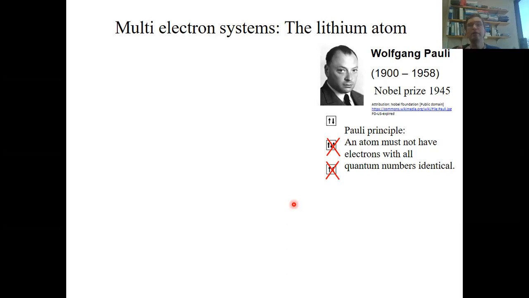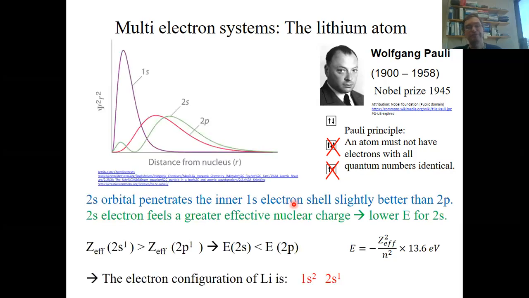So which orbital would that be? Okay, now I've learned previously that the orbital energy, according to the quantum mechanical atom model, should only depend on the quantum number n, not on the quantum number l or m. And that means that the third electron could now go either into the 2p orbital, okay, or in the 2s orbital.